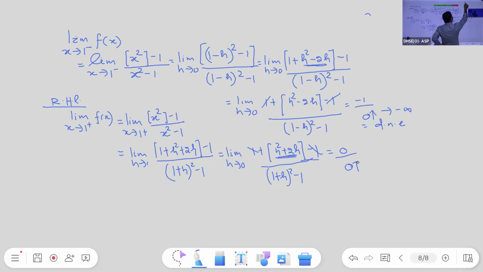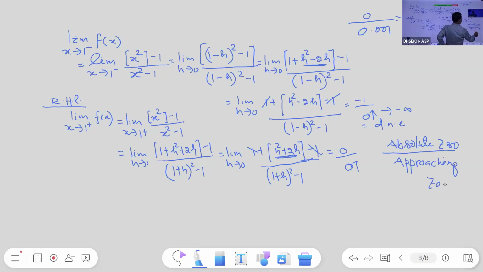That means, suppose 0 by 0.001, Shruti, what will be this value? 0 by 0.001 will be 0. So note it down: absolute 0 upon approaching 0 is 0, not an indeterminate form. Did you understand? Absolute 0 by approaching 0 is 0.